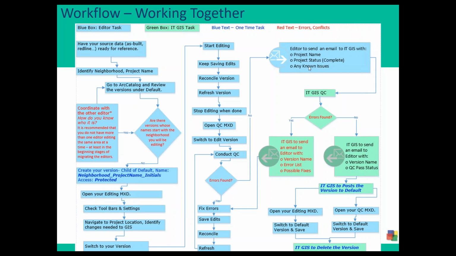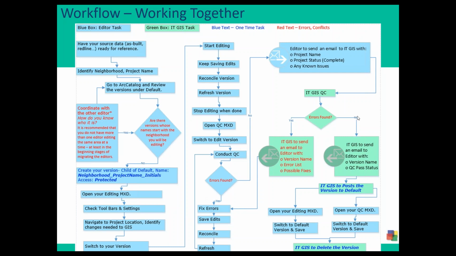And then you can list any known issues, like for example, maybe there is some edit that you were not able to do for whatever reason, so that they are aware of it. And then the ITGIS QC procedure starts. When they do the QC, if any errors are found, they will send you an email, and you get into this loop of fixing the errors.